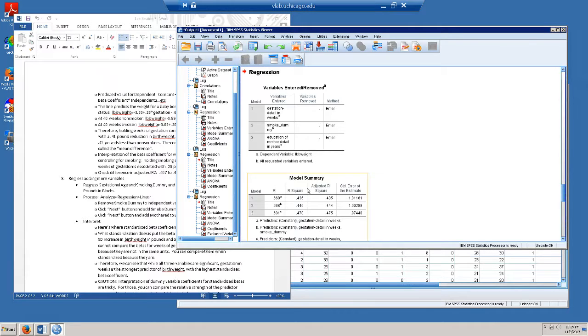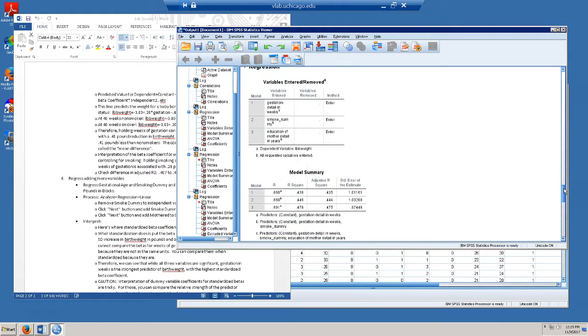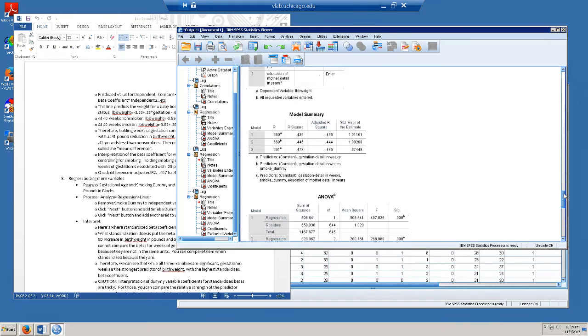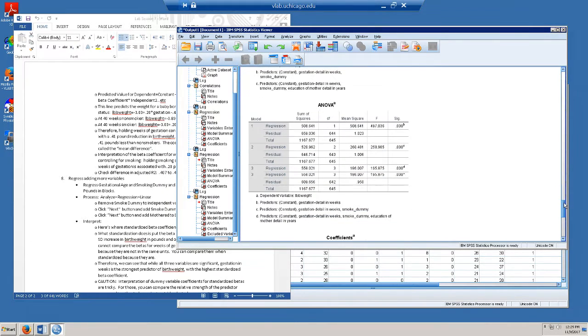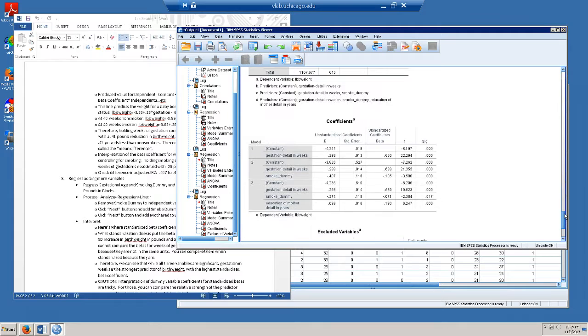So the first thing that we see here is that we do have an increase in our R squared every single time we add a new variable, but the increase when we added mother's education was bigger than when we added smoking. So we can see that that's having a bit more explanatory power than smoking did. And we can also see that when we look at the coefficients. When we first started, our gestation was 0.29.